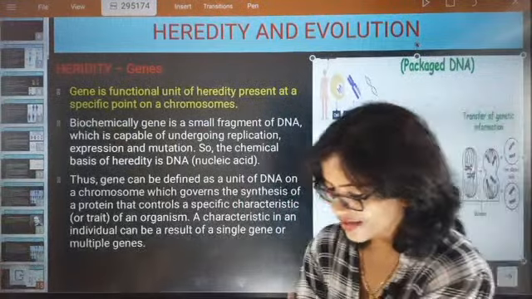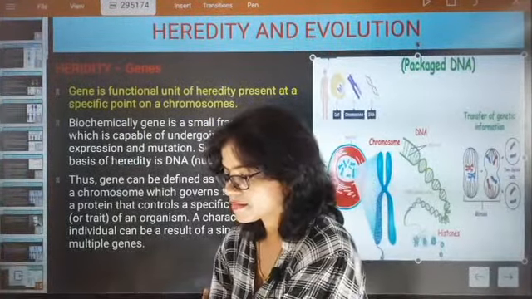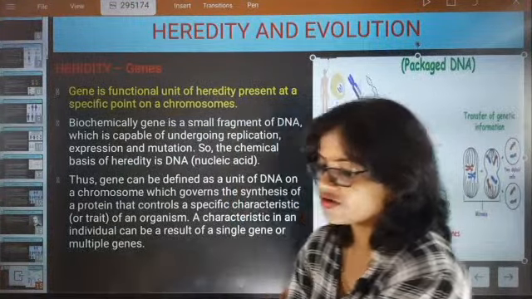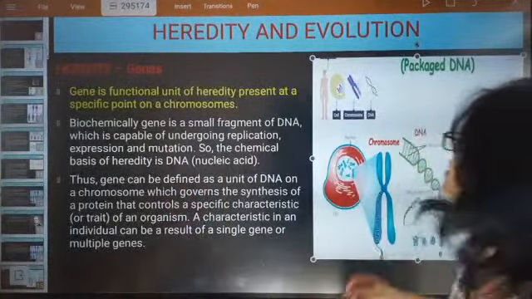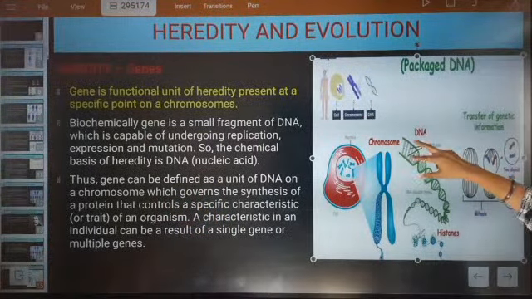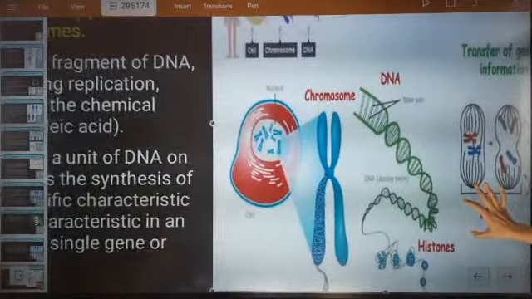Yes, Kanishka, it's there. I have already informed Kanishka. The gene is a part of the DNA. In the DNA, you might have seen that base pairs are present in the double helix, which is made with histones.